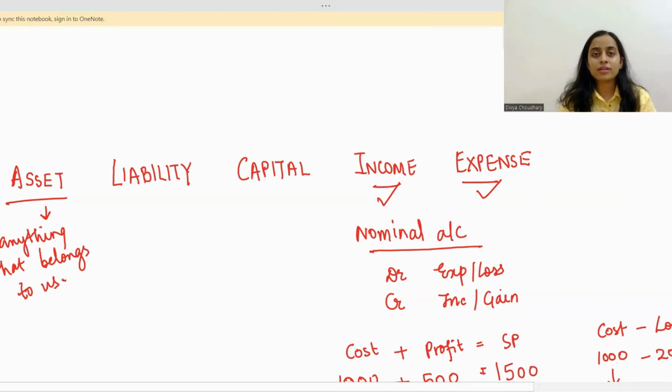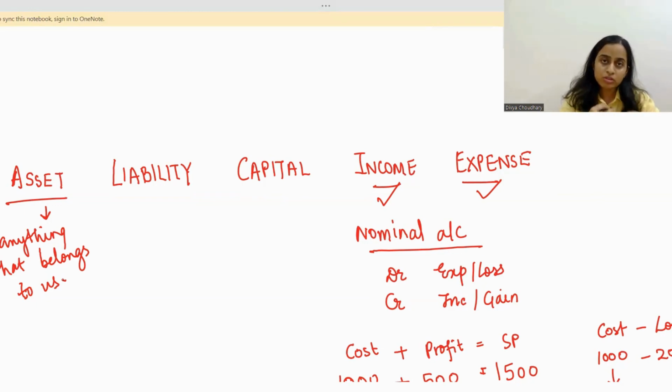So our asset, even if it is with someone else, it still remains our asset. Asset is whatever is mine, whether it is with me or with someone else for a while, it still remains my asset. Just to conclude, asset is anything that belongs to us, whether it is kept with us or with anybody else.